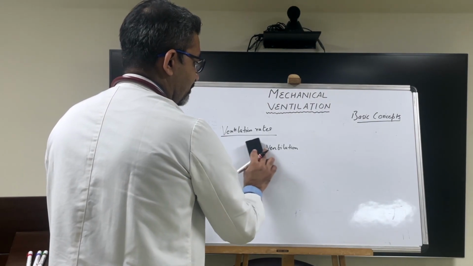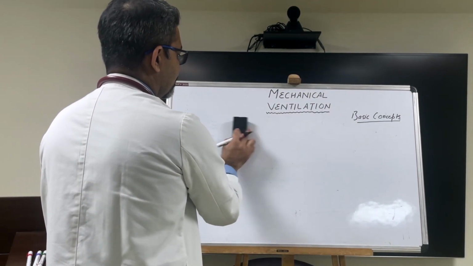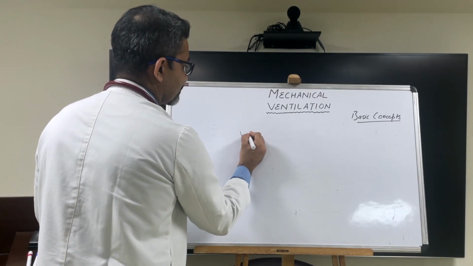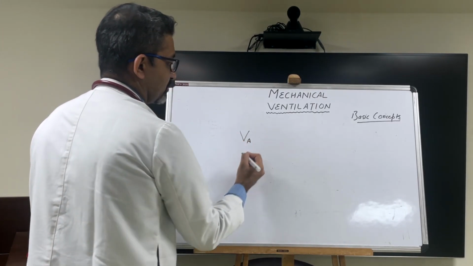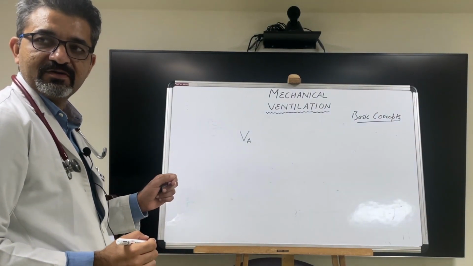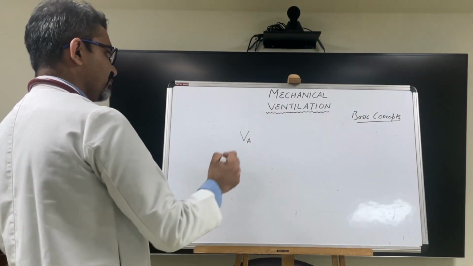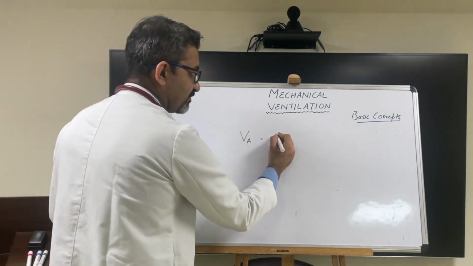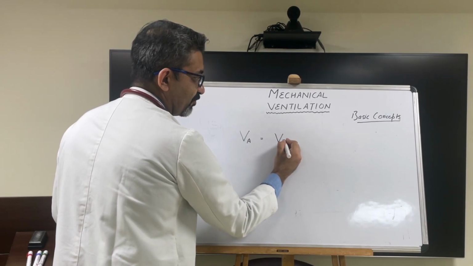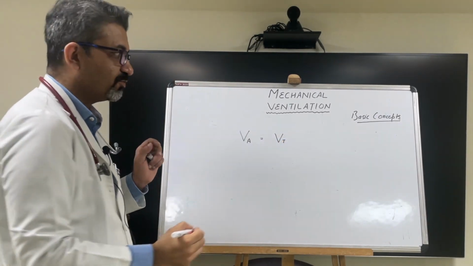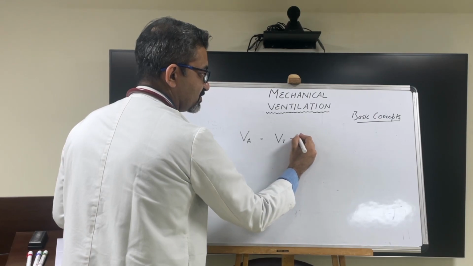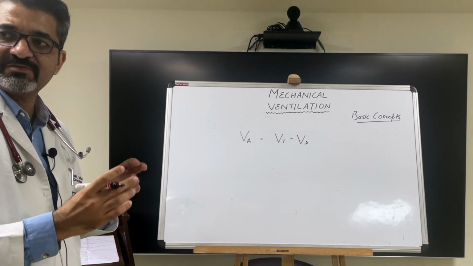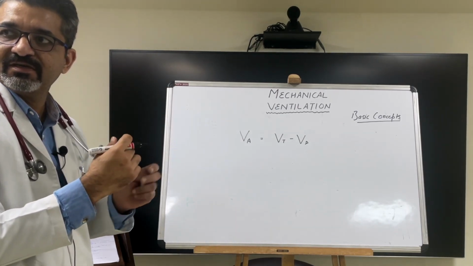The more appropriate ventilation rate for understanding purposes is alveolar ventilation, VA. That was minute ventilation. Now you have alveolar ventilation. So how can we calculate alveolar ventilation? Suppose you have tidal volume and you subtract your physiological dead space, because that physiological dead space is not taking part in active respiration.